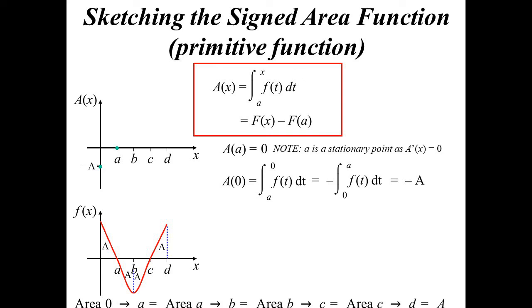Okay, let's work out B. Area B turns out to be negative A. Why? Because it's function B minus function A. What is function B? Function B would be going from A to B, which is A, but it's underneath. So it's negative A. So that's from A to B, and that's what we want, isn't it?